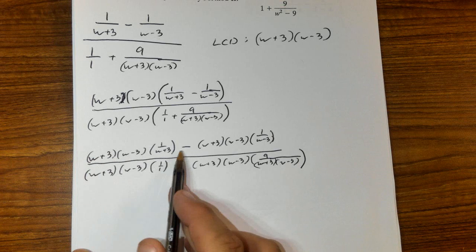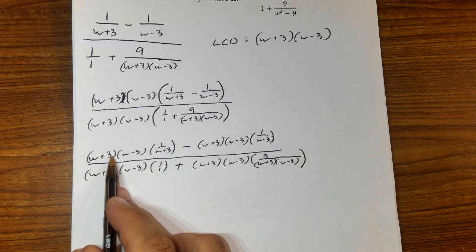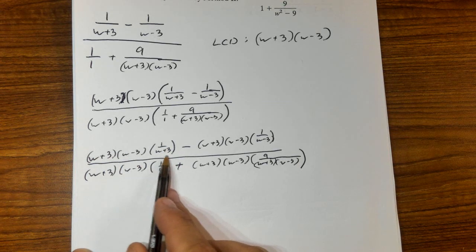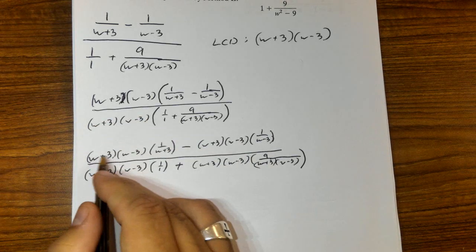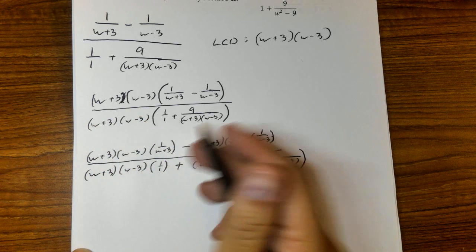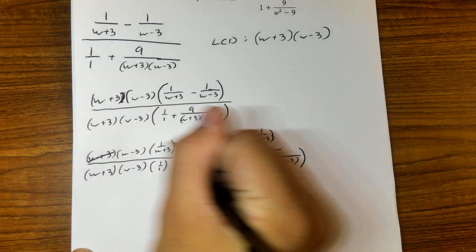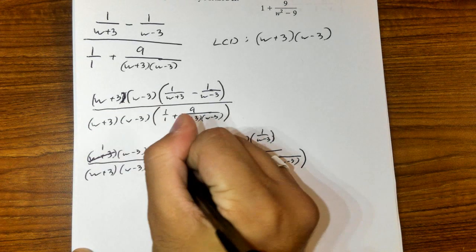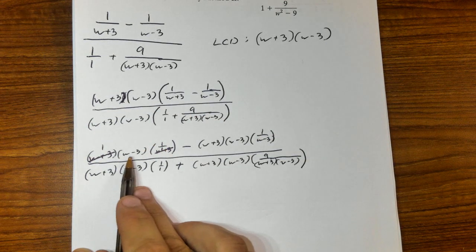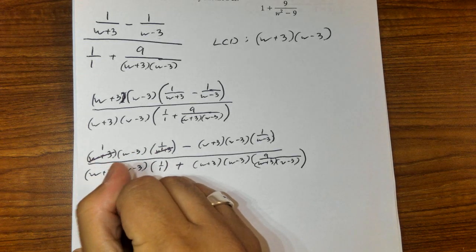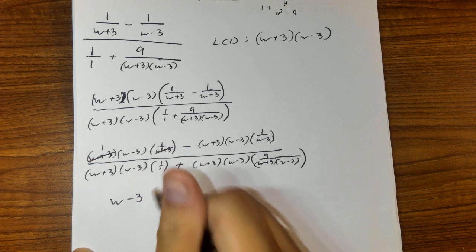So let's look at the top part here. This w plus 3, divided by the w plus 3 here, or w plus 3 times 1 over w plus 3 is going to be 1. So this simplifies to 1 over 1. What you really have is w minus 3 times 1, which is w minus 3. Bring the minus sign down.